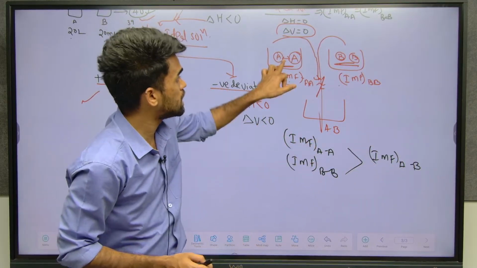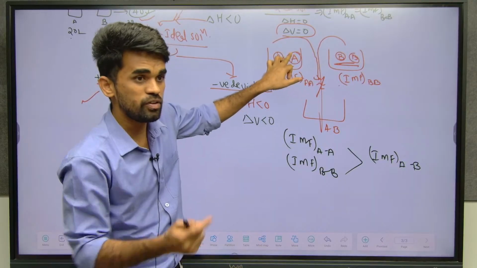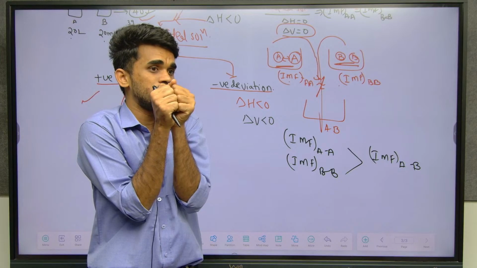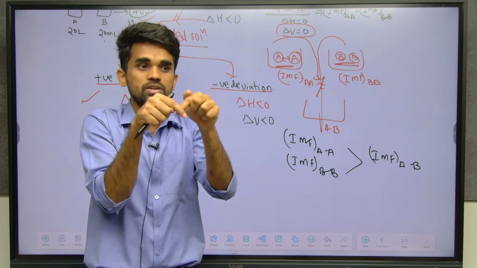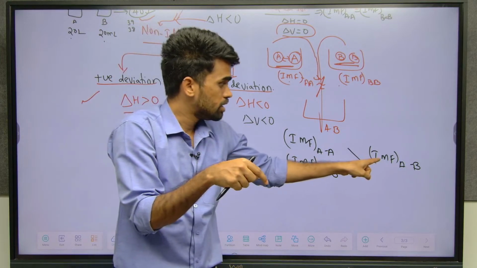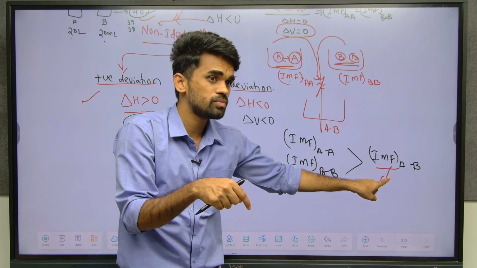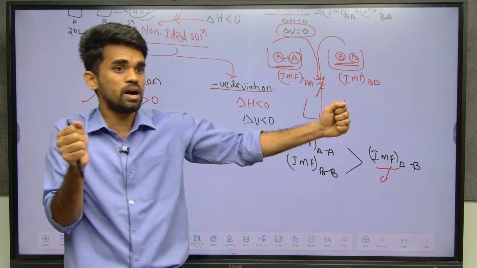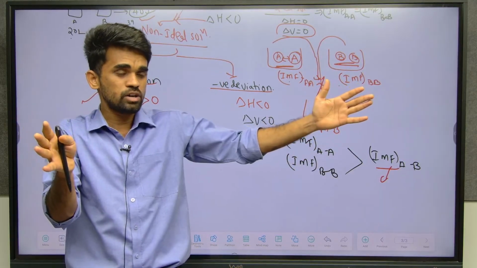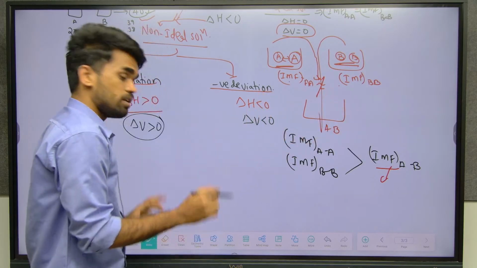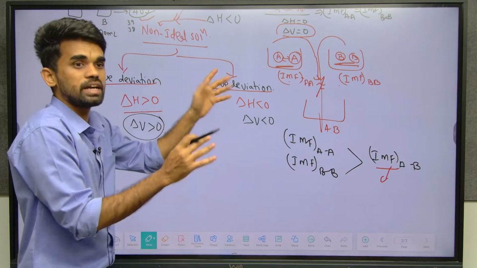If the individual intermolecular forces before mixing have more attractive forces, it means the particles will be very close. But after mixing, what happens to the particles? Intermolecular forces are getting decreased. Now what can I say here, do they come closer or will they move far from each other? Far from each other means what type of solution it will be? Non-ideal. Perfect.